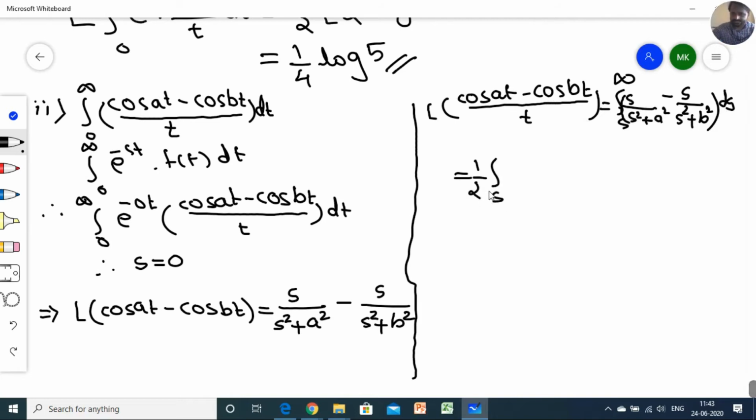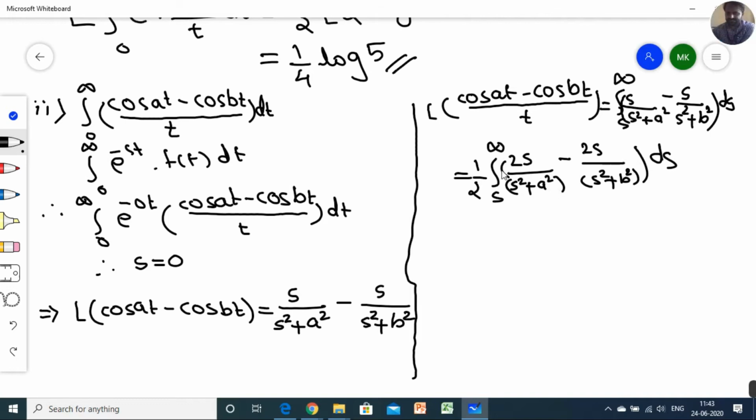So you will get integral s to infinity 2s upon s square plus a square minus 2s upon s square plus b square into ds. Both are the same conceptual bracket.